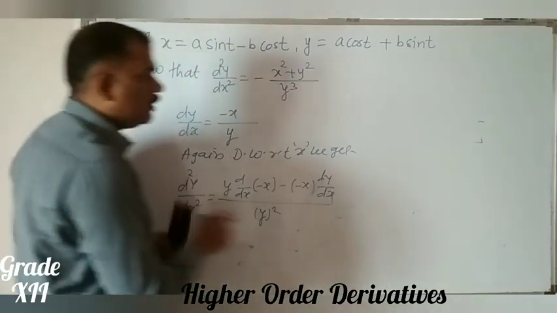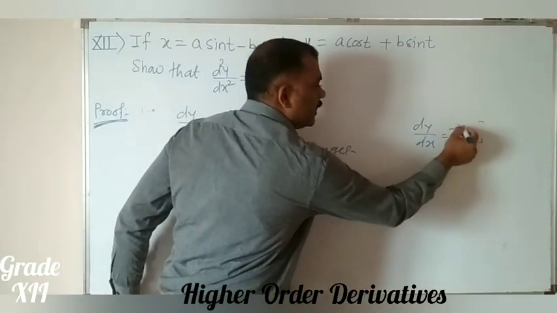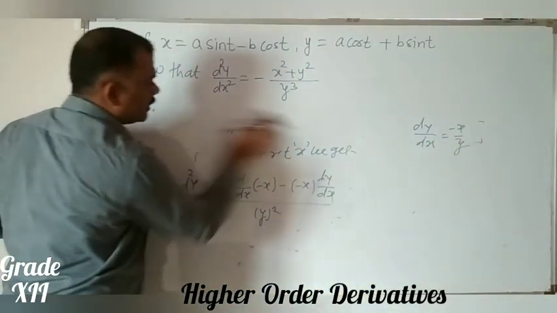This value we require, so I will write here dy by dx is equal to minus x divided by y.